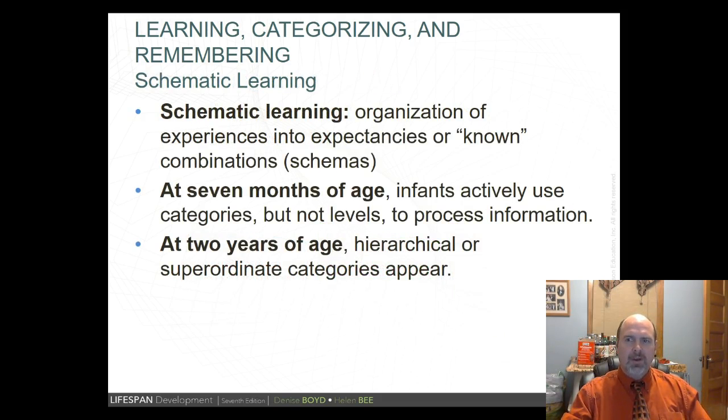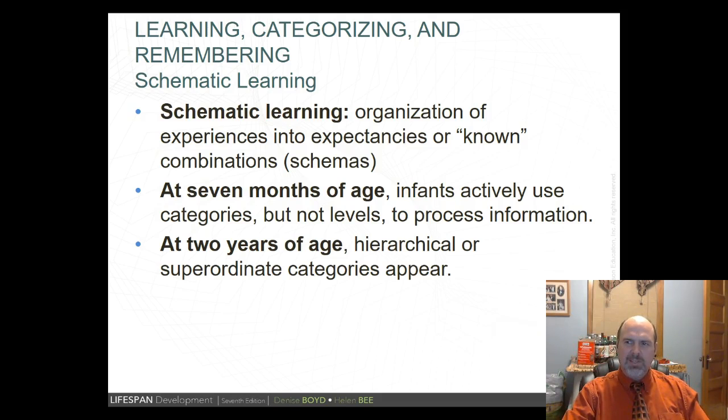Schematic learning, often called schemas, is built up over many exposures to a particular experience. This helps a baby to distinguish between familiar and unfamiliar. In other words, they start learning categories. By 7 months of age, infants actively use categories to process information. They cannot process levels of categories.